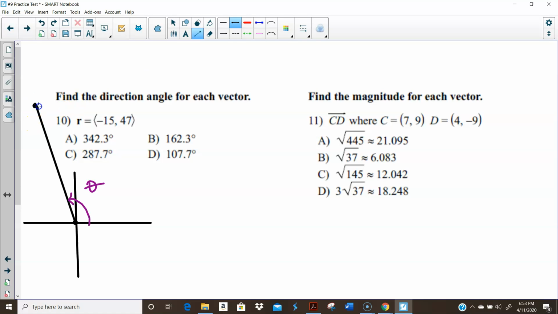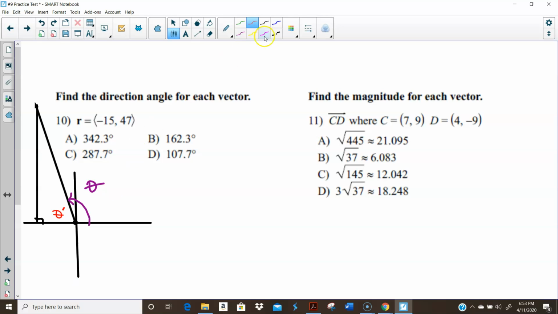So what you're going to do is draw yourself a right triangle. Let me fix that. All right, so we're going to drop a line down to the x-axis. We're going to form a right triangle, which is right here. We're going to find what theta prime is, and then after we find theta prime, we can find the directional angle.